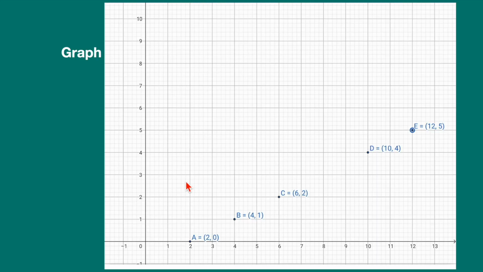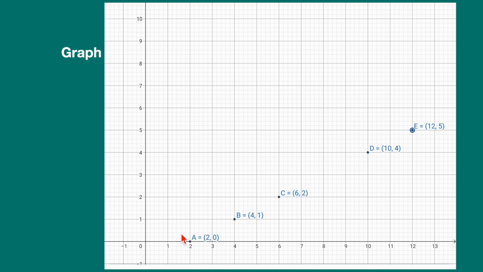And the graph is very easy. This is the x-axis, this is the y-axis. Take the graph paper, draw the x-axis and y-axis, then plot the points. The first ordered pair was (2, 0). 2 is the x-coordinate and the y-coordinate, or f(x), will be on the y-axis. Remember, this is x and this is f(x), or y.